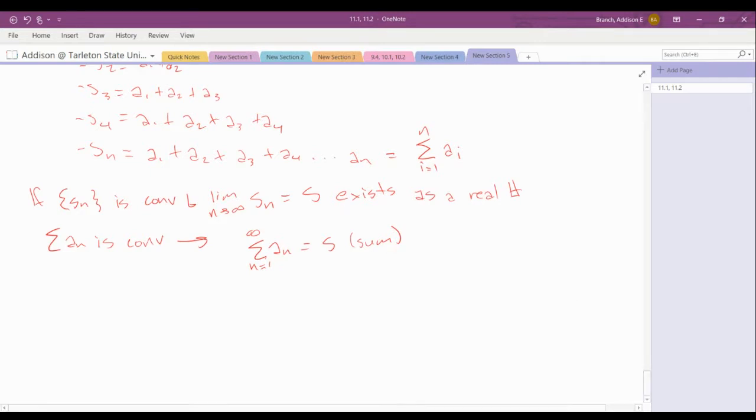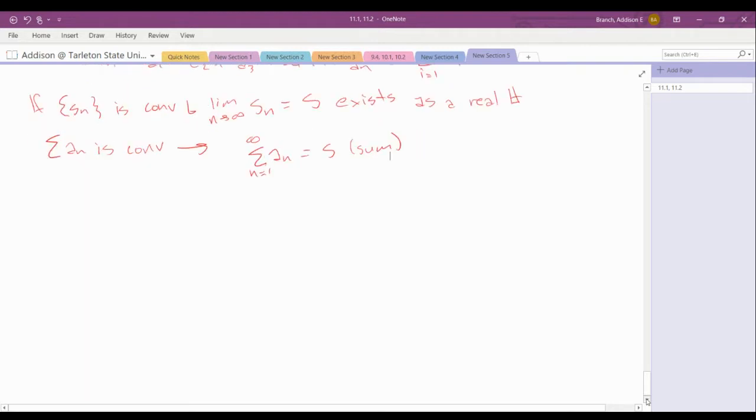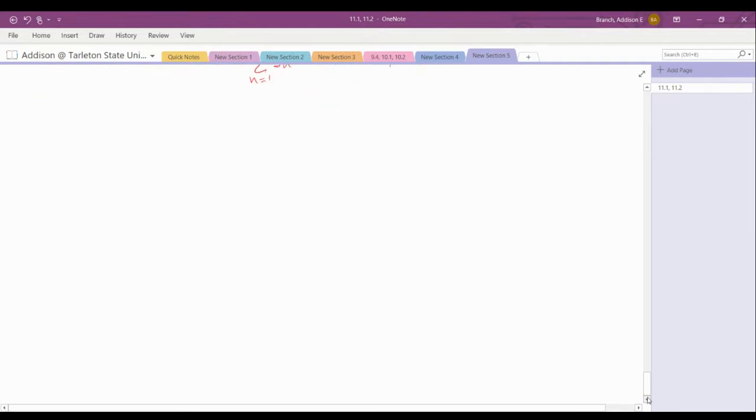So if we know our S sub n sequence, it's not that hard to find our total sum. We're just going to do a really quick example because we have a lot more to get through. Example: what is the sum when S sub n is n squared minus 1 over 4n squared plus 1?